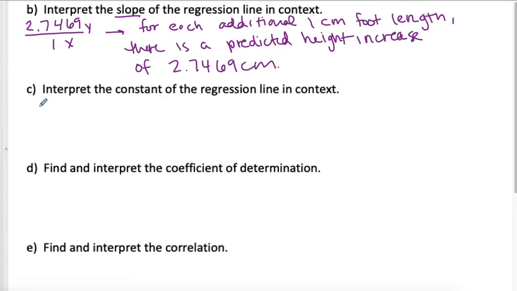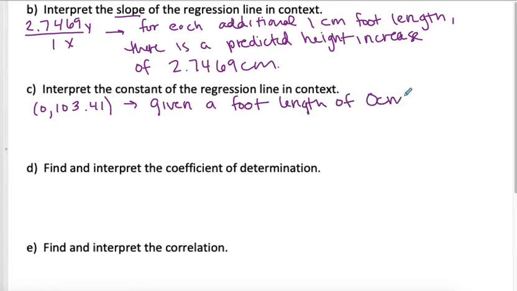Interpret the constant. Okay, so this would be 103.41. So our constant here, we would interpret this as given a foot length of 0 centimeters. Okay, that's a little extrapolating here.